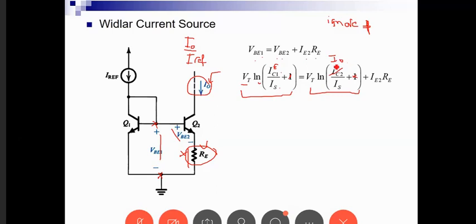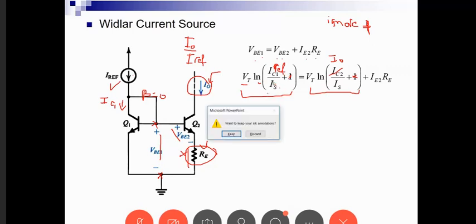And then what is IC1? If we consider beta gone from this error term, it is equal to I ref. Isn't this IC1? So it is equal to I ref. So I can consider this here as I ref. Now I have two ln terms on both sides.